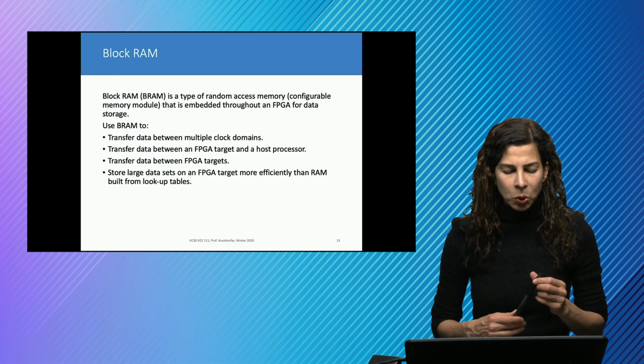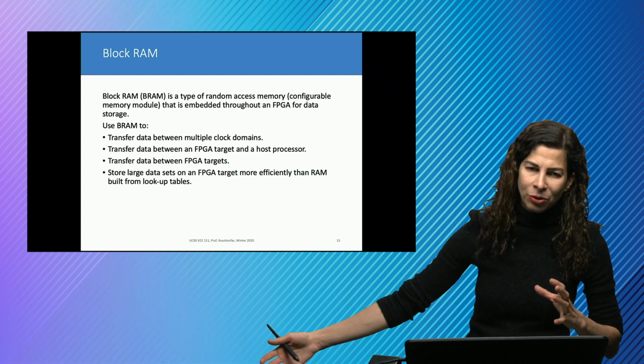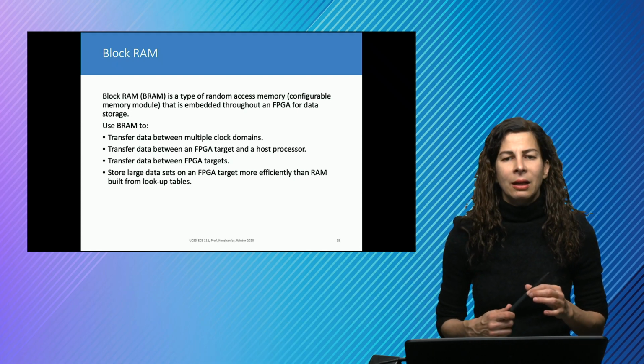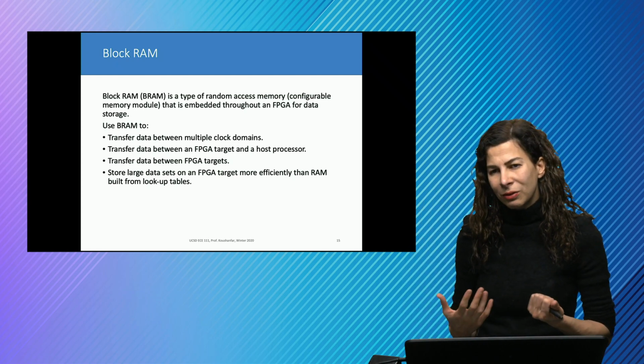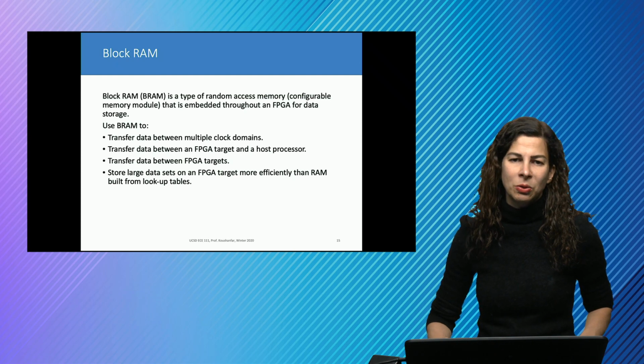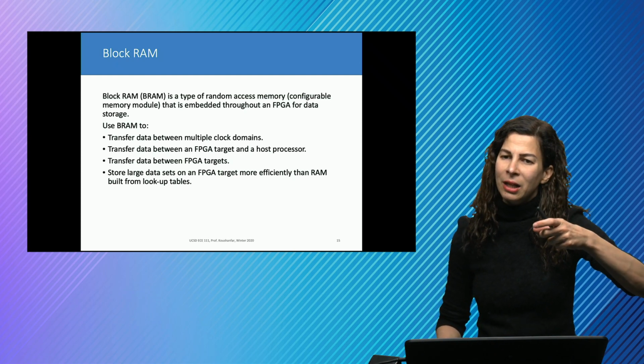We may be able to transfer data between the FPGA and another processor that is outside, even between FPGA boards, or we can do more data analytics using the block RAMs, because the memory that we have inside the LUTs is rather limited.